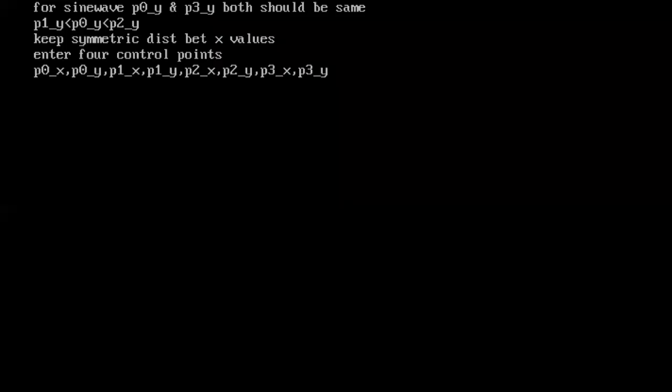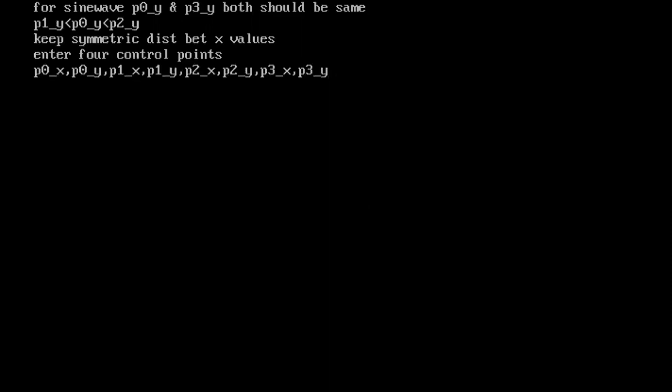So execution is done. What is the constraint on the input? For a sine wave, p0y and p3y both should be the same, and p1y is less than p0y and p2y. Keep a symmetric distance between x values. To enter four control points, we have to enter p0x, p0y.